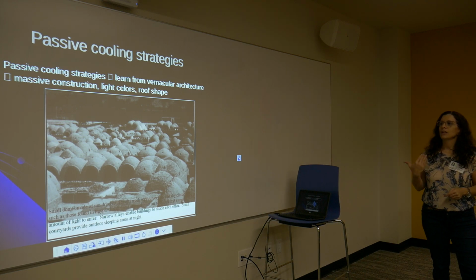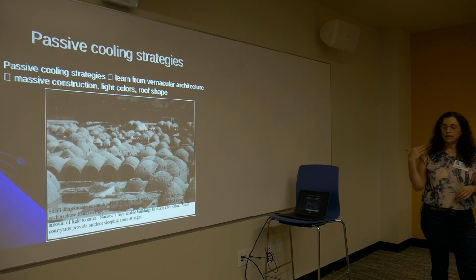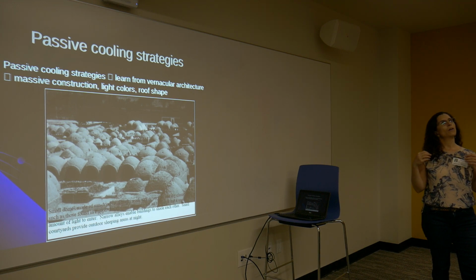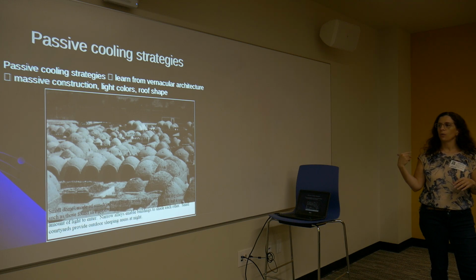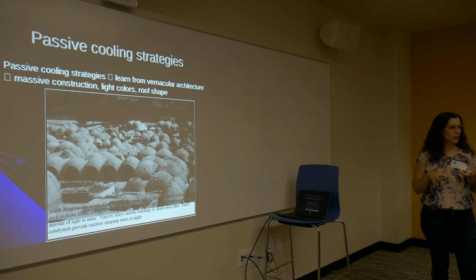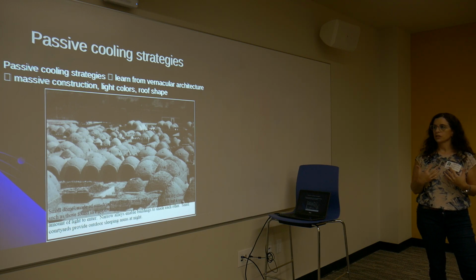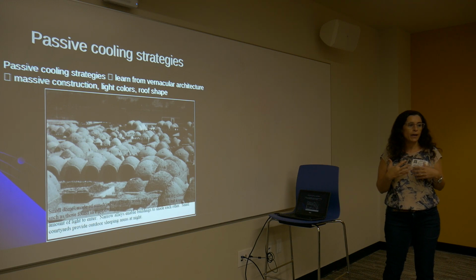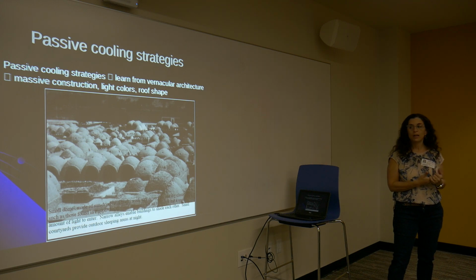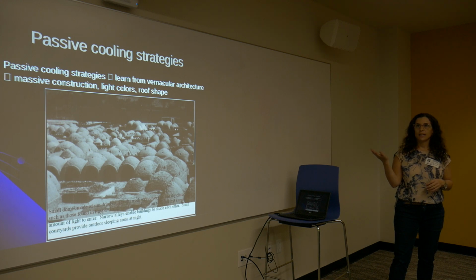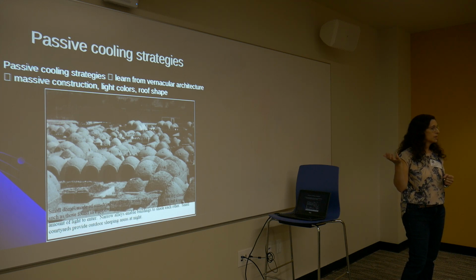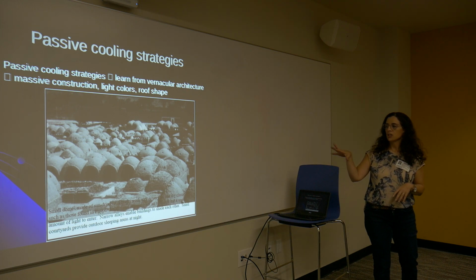So, some passive cooling strategies. Years ago, there was no air conditioning or any mechanical system. So people needed to keep fresh, or their houses needed to be comfortable without any mechanical system. So it's smart to see how they accomplished that comfort. These are just examples.